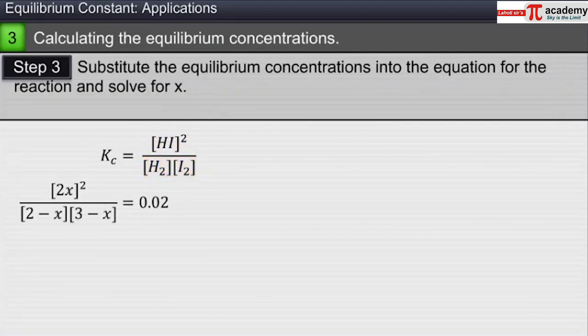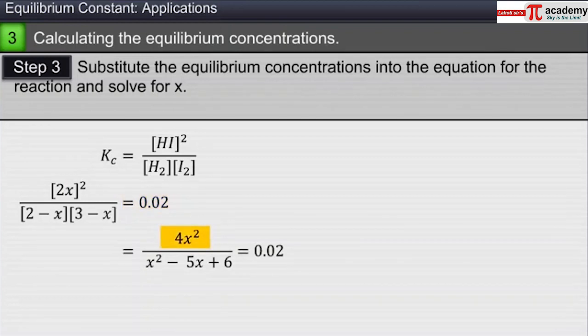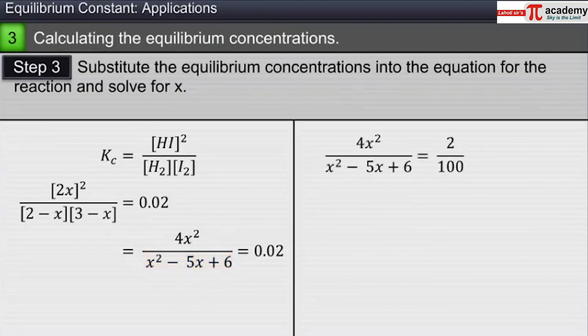On substituting the equilibrium concentrations and the value of the equilibrium constant in the equation, we get 2x squared divided by 2 minus x multiplied by 3 minus x is equal to 0.02. This is equal to 4x squared divided by x squared minus 5x plus 6. This can be written as 4x squared divided by x squared minus 5x plus 6 is equal to 2 divided by 100.